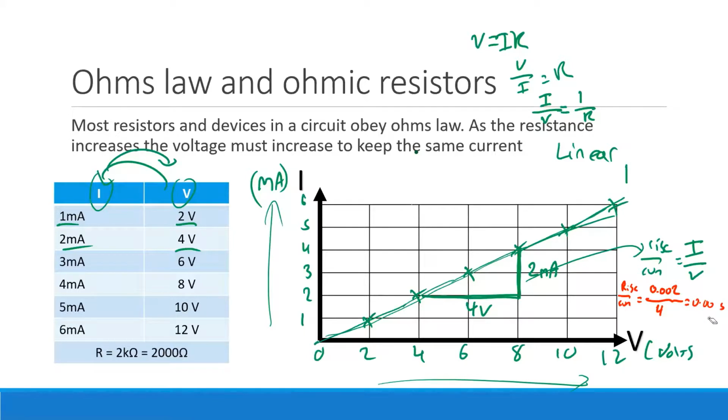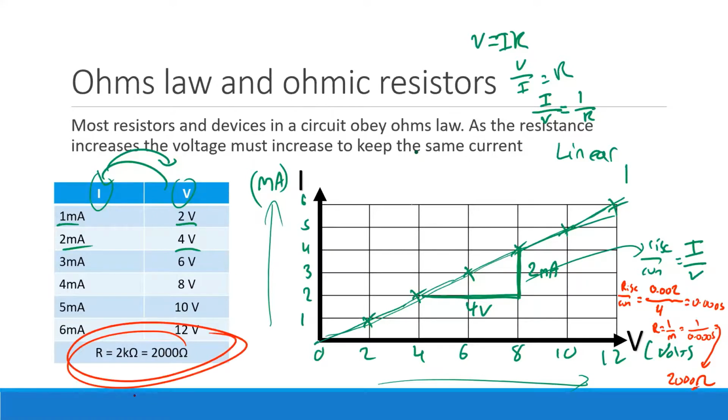Now that is not the resistance though. Remember, resistance equals 1 over the gradient. So that means if I go 1 divided by 0.0005, that gives me 2,000 ohms, which is exactly what I've got written here, 2,000 ohms.